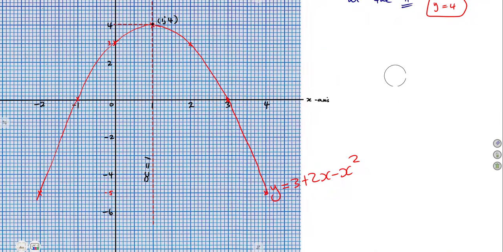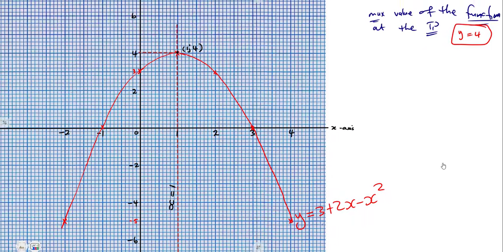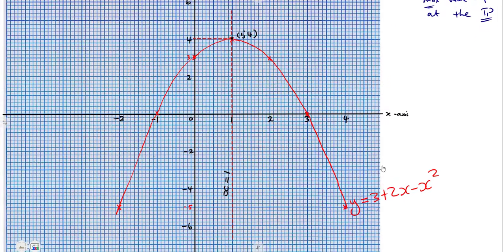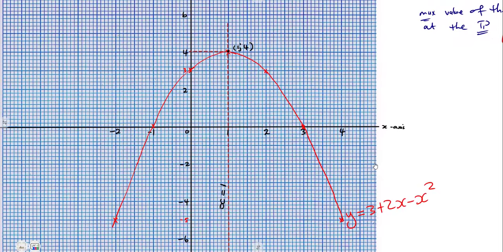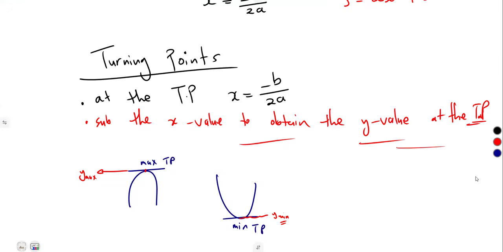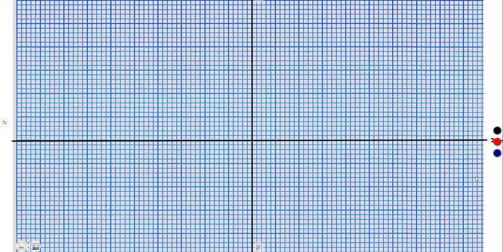We are going to add other aspects in the next class, but for now, I want you to understand these basics. And also as for the shape, we saw that when the coefficient of x squared is negative, our graph is concave down. So let's look into another question where the coefficient of x squared is positive.